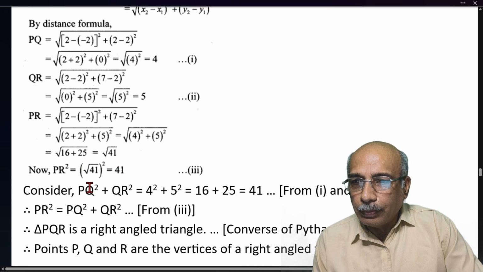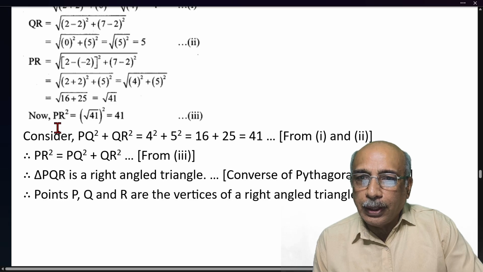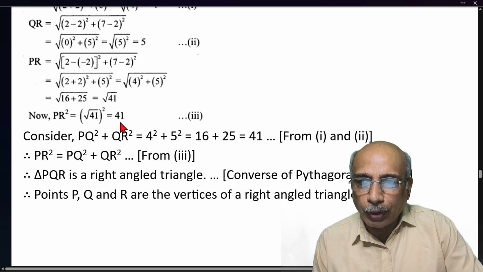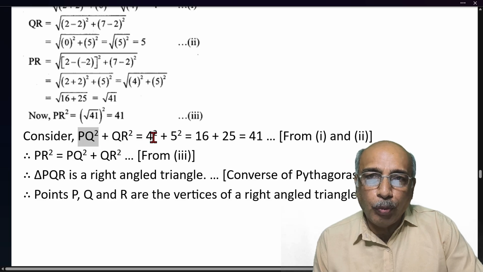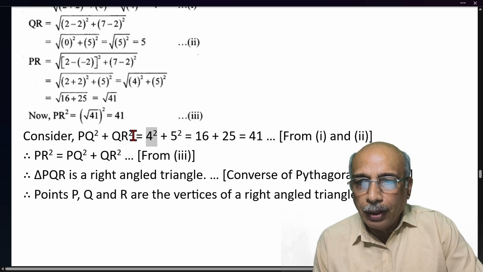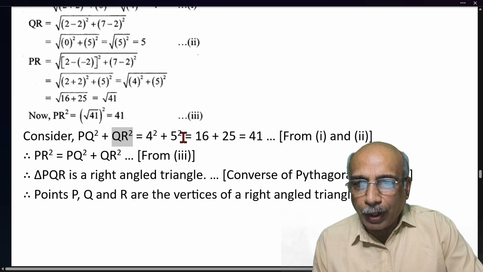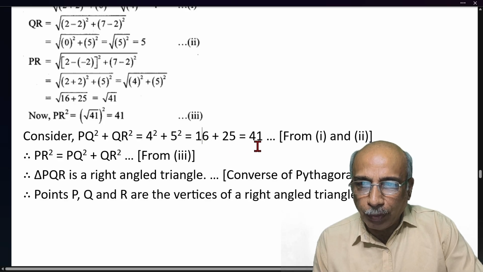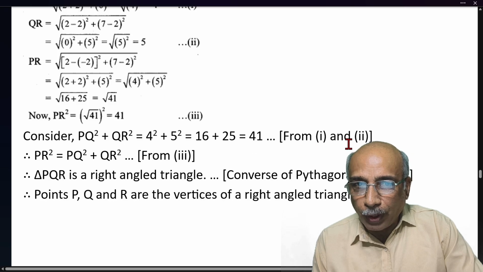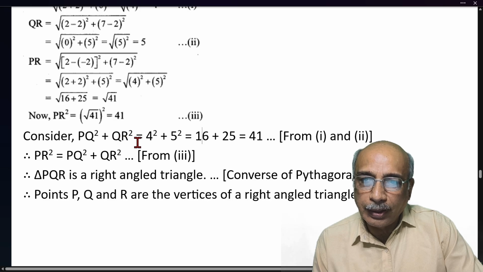Therefore, now here PR square equals root 41 whole square equals 41. Distance PQ square, PQ was 4, so 4 square, plus distance QR square, 5 square, equals 16 plus 25 equals 41.